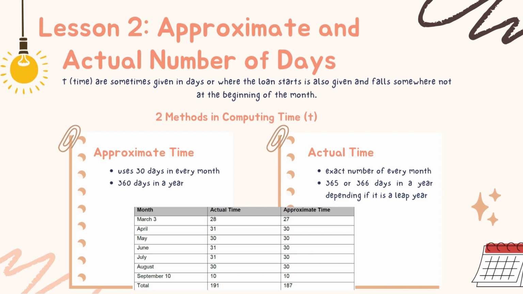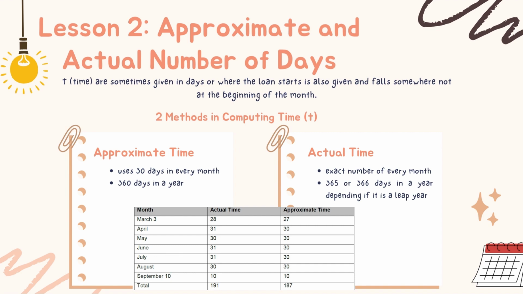However, for approximate time, our assumption is that all months are 30 days. That's why you see April 30, May 30, June, July until August 30. Compare that to the actual, where it is 30 or 31; here it is constantly 30 for all.